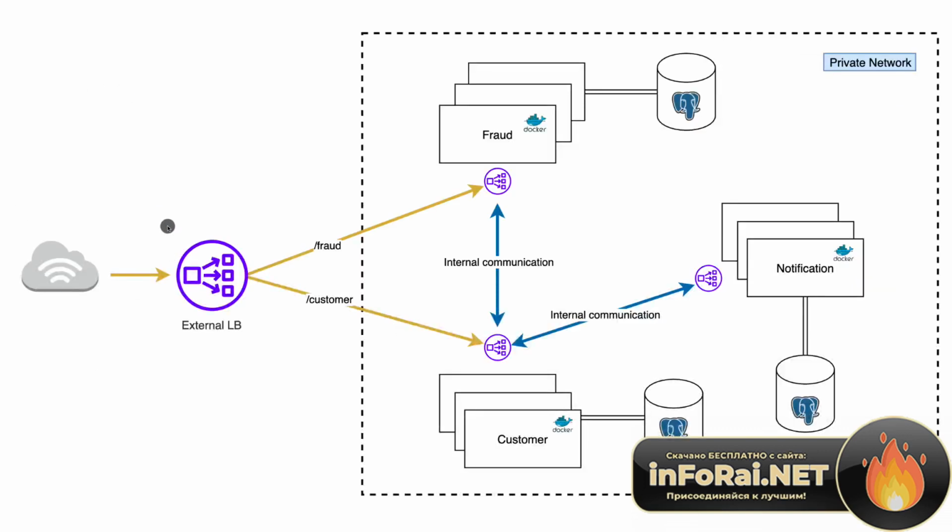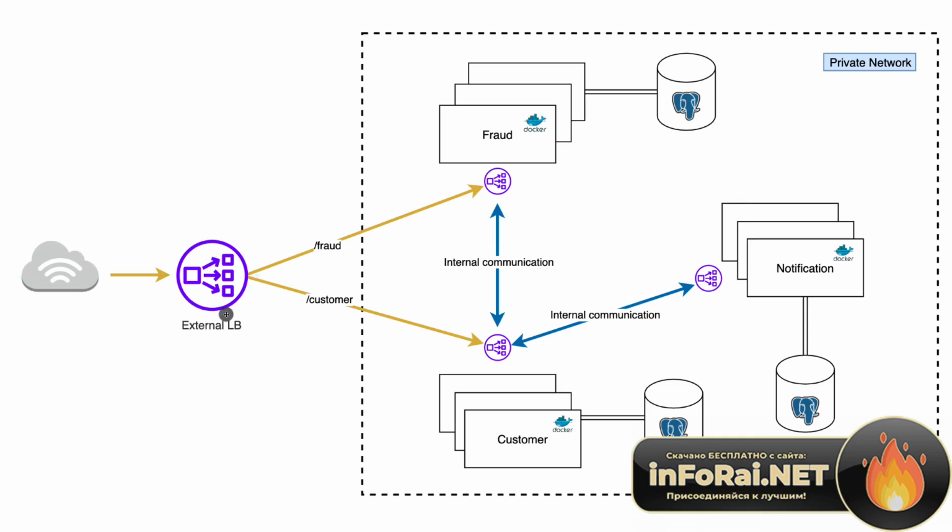To fully understand this, let's take the architecture that we currently have and introduce load balancers so you see how it works. In here, this is my private network, and what I have is an external load balancer. This external load balancer is the main entry point for any client that wants to connect to your applications.